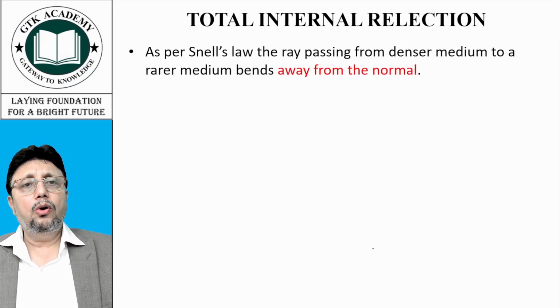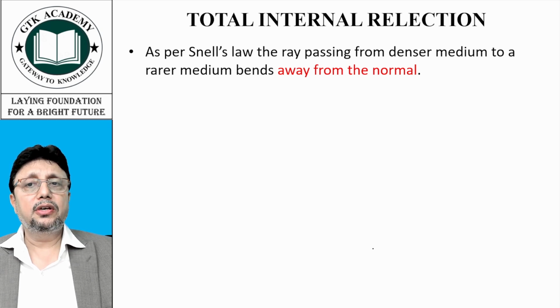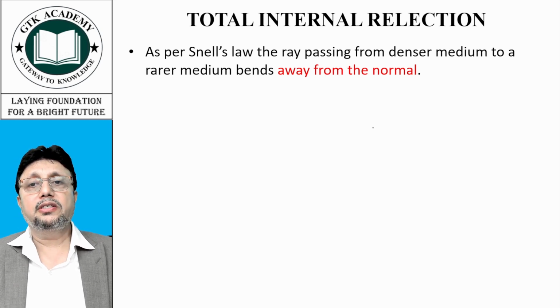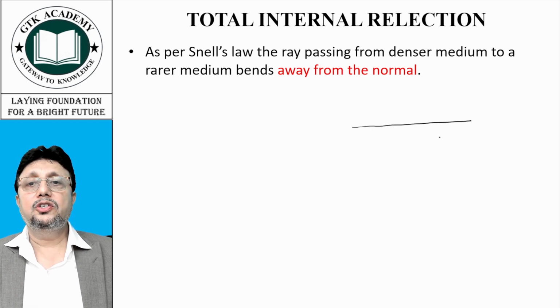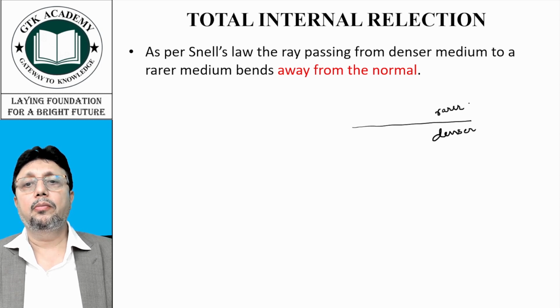Now, you also must have read about Snell's law. That is, a light ray, when it passes from a denser medium to a rarer medium, bends away from the normal. For example, this is your denser medium and this is your rarer medium.